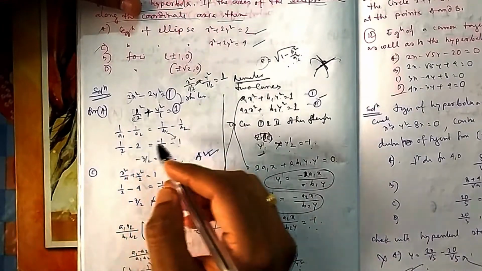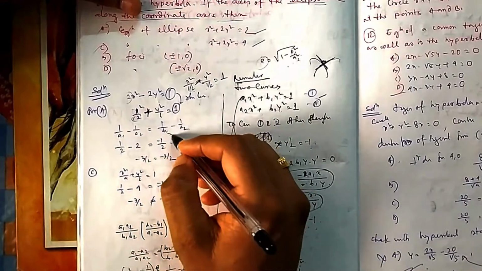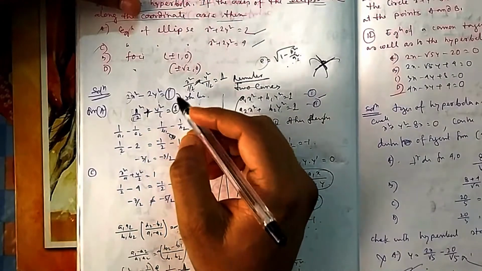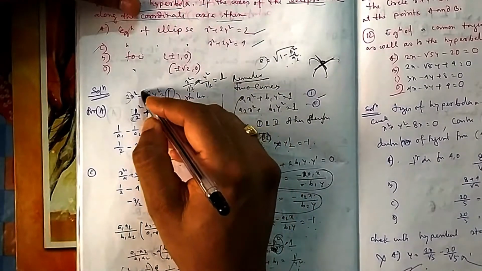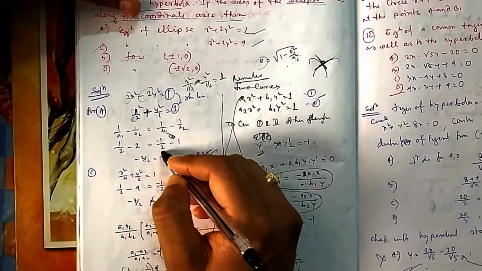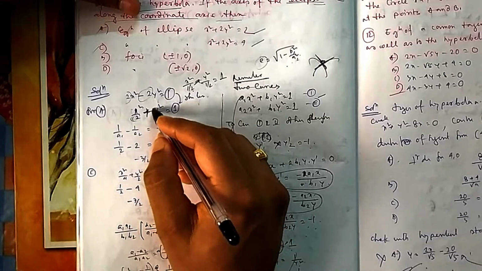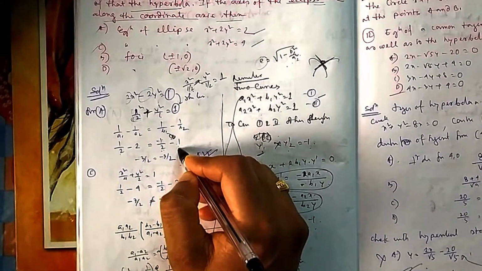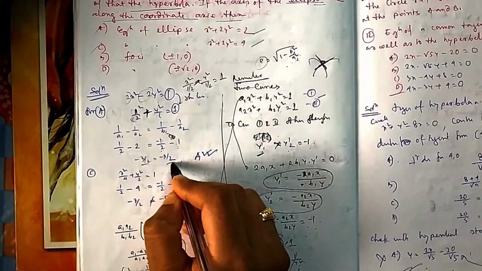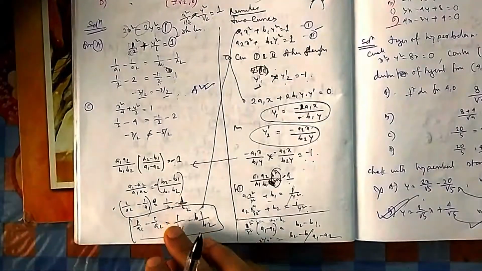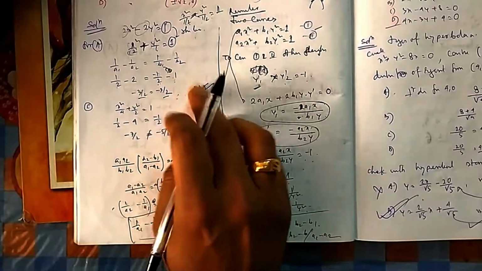Come to this one, which one is b1? b1 is again this one, minus 2, so 1 by minus 2, that is minus 1 by 2, minus what is your b2? b2 is here 1, the coefficient of y square. So you apply, both sides are equal, that means A is satisfying this orthogonality condition, so A will be the answer.